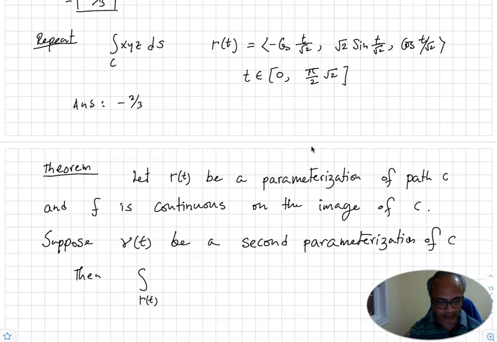So path integral on r(t) of f ds is the same as path integral of gamma(t) of f ds.